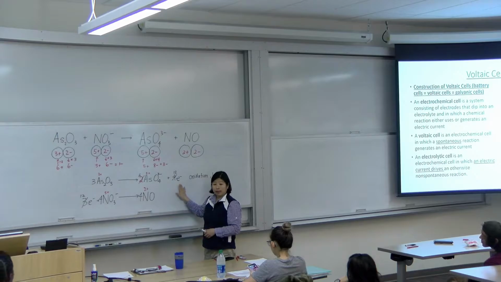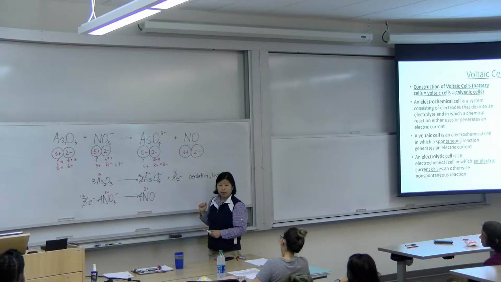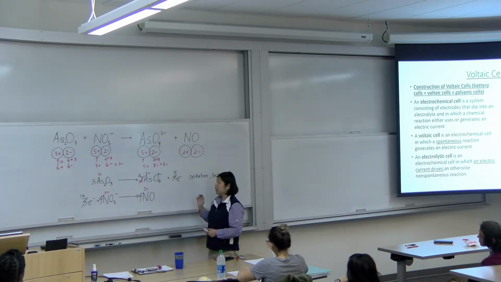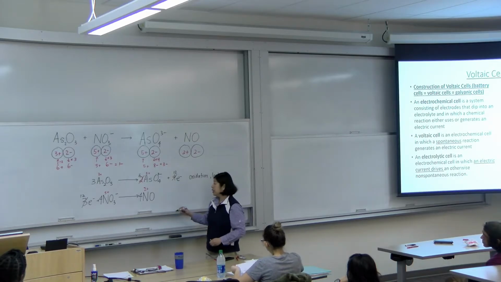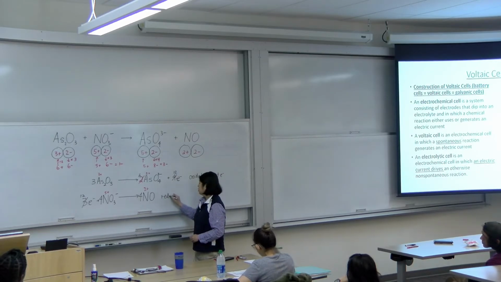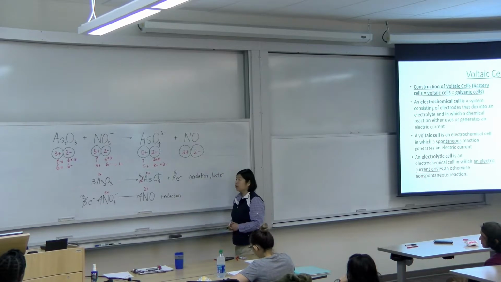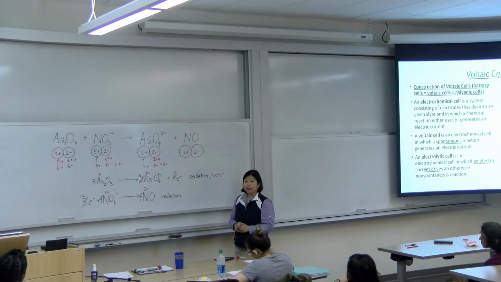The electrons are on the right side, so this must be an oxidation. If this is an oxidation, the other one better be a reduction, which it is, because your 5 plus is gaining electrons to become 2 plus.